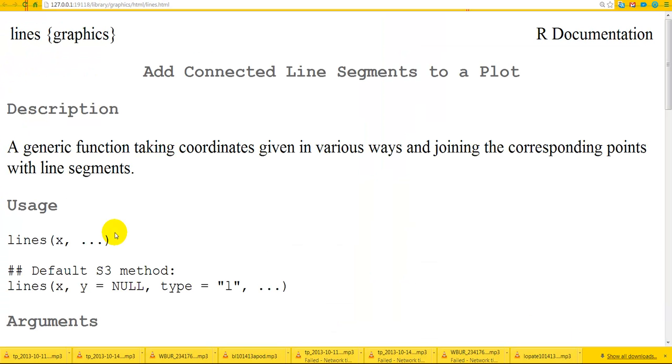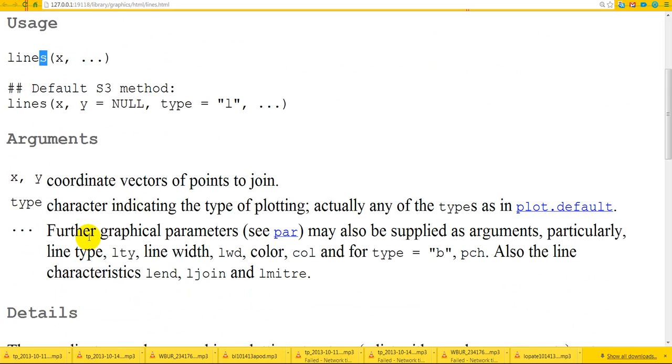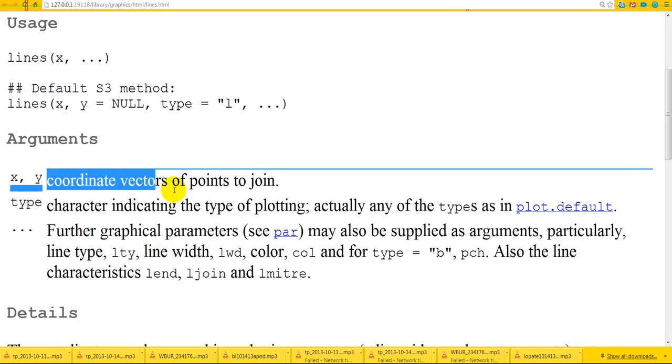Oops, sorry about that. I used the wrong function. It's lines, not line. So we have to change it to lines. The arguments here are x and y, and it says these are coordinate vectors of points to join, the same as what I was saying.